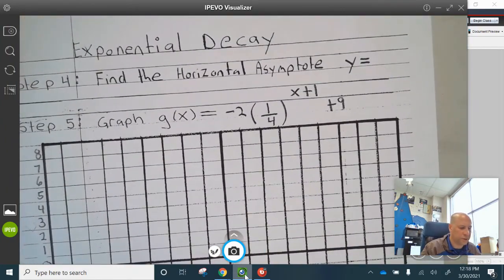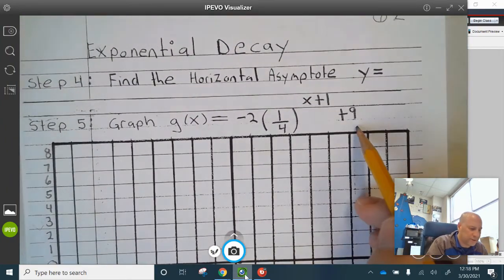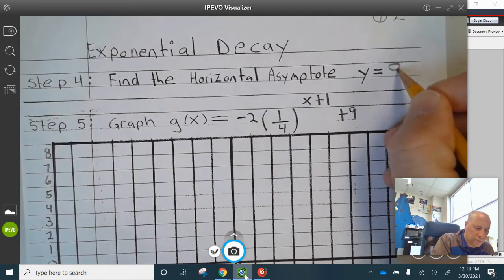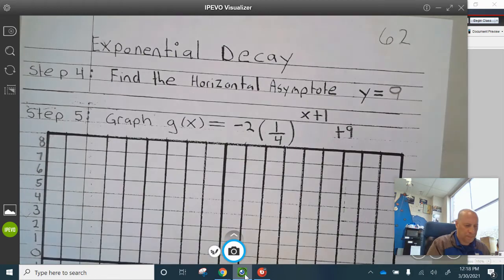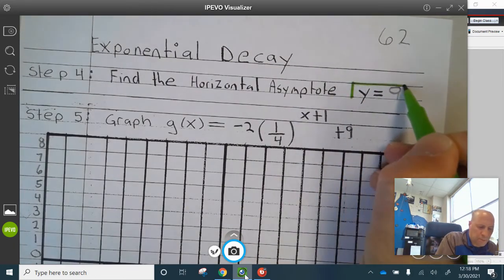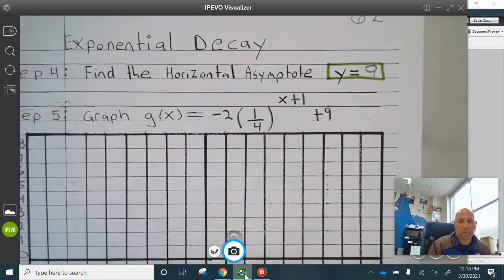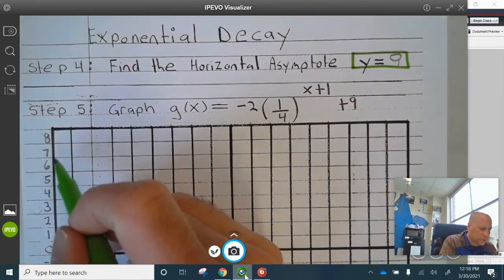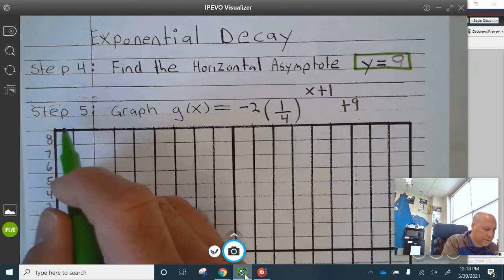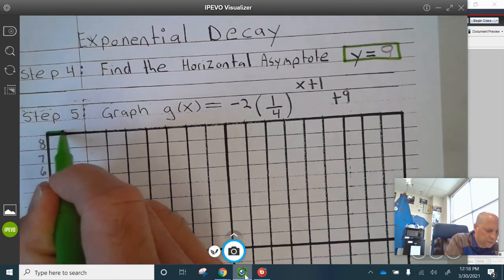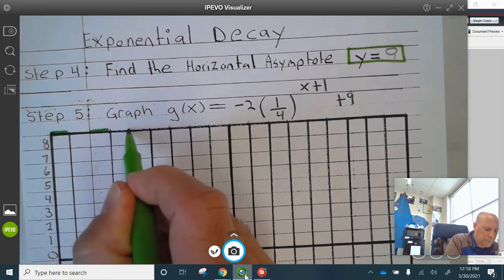Find the horizontal asymptote, real simple. That's this number right here, 9. So y equals 9. So this is technically 1, 2, 3, 4, 5, 6, 7, 8. This is 9 right here, so we have an asymptote right here.